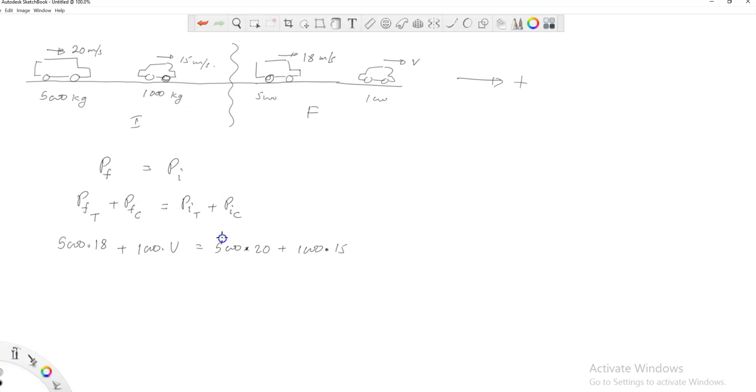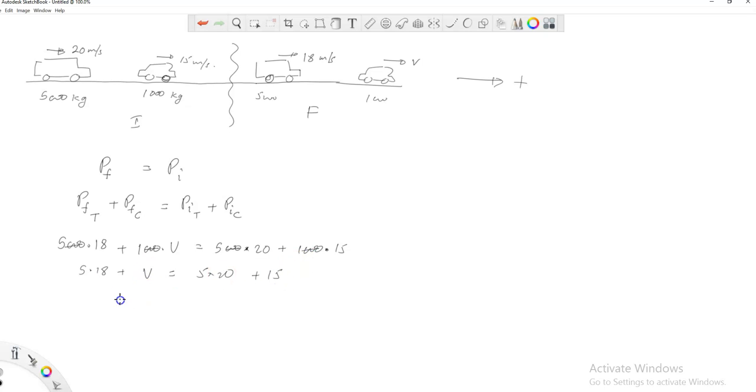So the next step is to find out what V is. Now there's a lot of zeros here. I'm going to divide the whole thing by 1000, this goes away, this goes away. So what do we have? 5 times 18 plus 1 times v, which is v, equals 5 times 20 plus 1 times 15.